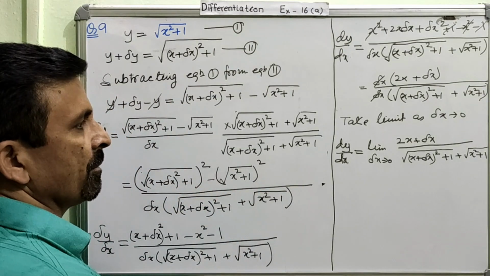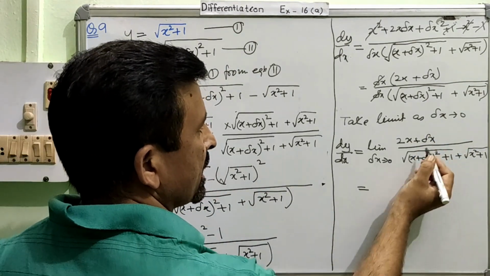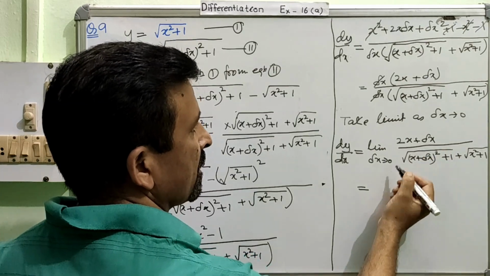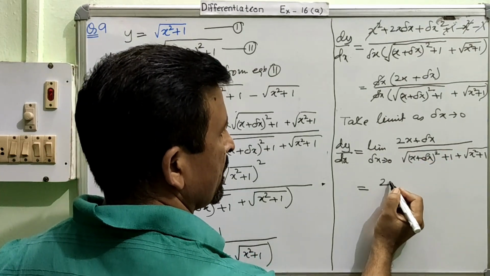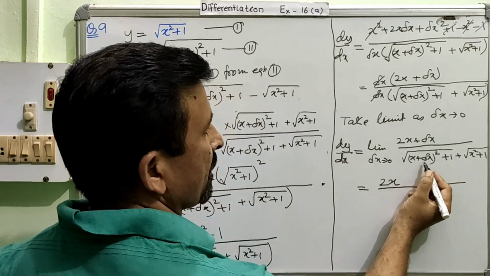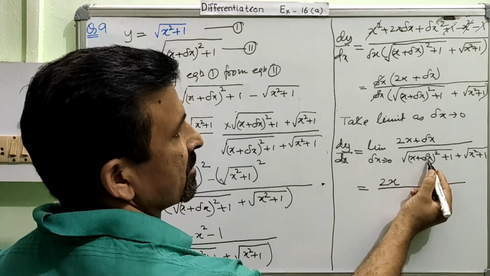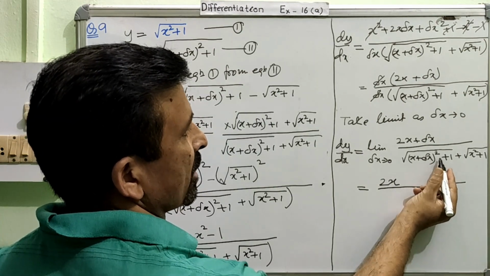Am I clear? Now we will take the limit. Wherever we have delta x, that part will be made 0. So in the numerator you will be left with 2x, and in the denominator from this bracket you will be having x, and this delta x will become 0. So this will become x square plus 1.